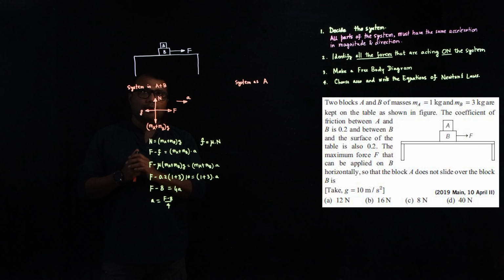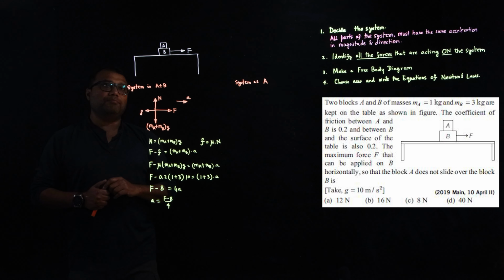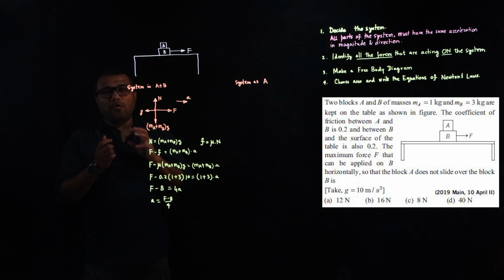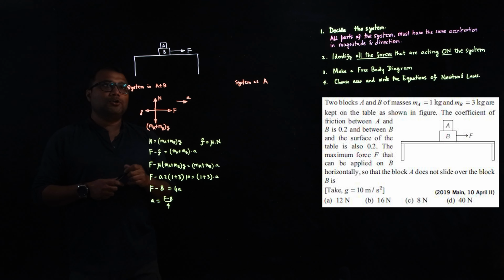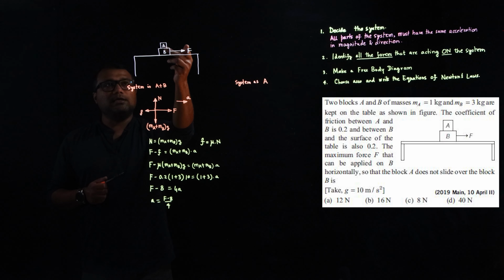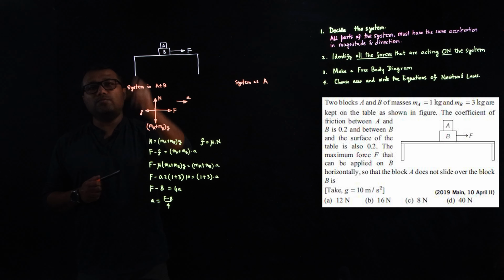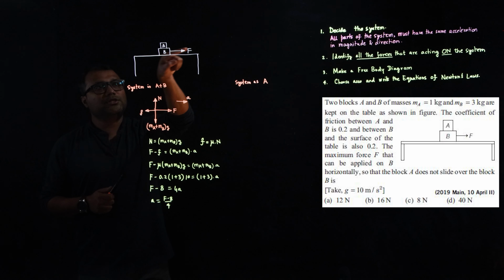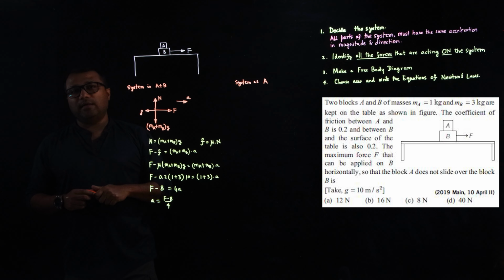Let's say A is now slipping on B. Now, if A is slipping on B, with respect to B, A's velocity is towards the left side. So obviously the frictional force that will act on A is on the right side.